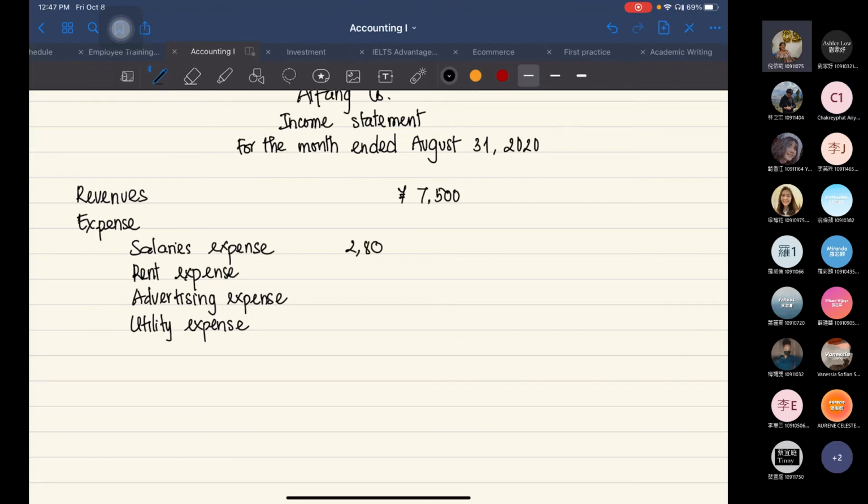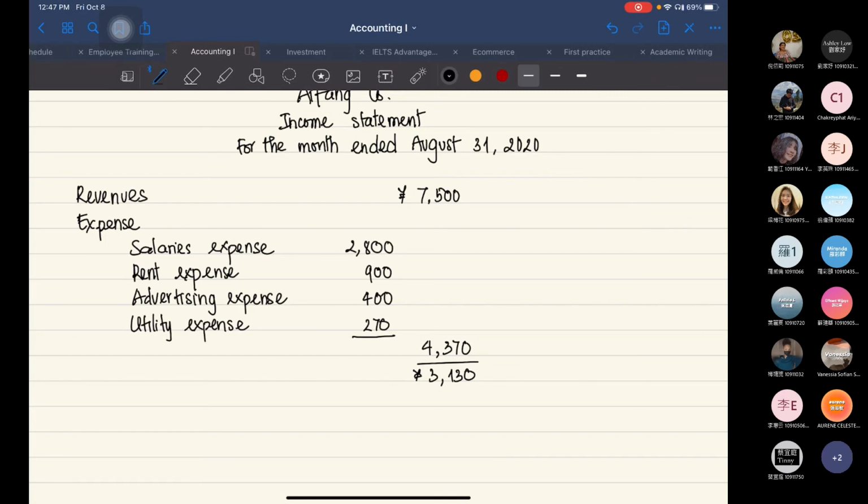Yes, 7,000. Here we will have it like this, and we put the number over here. I know it's maybe hard, but practice your handwriting, because most of the time when you do the test, you must write by hand.